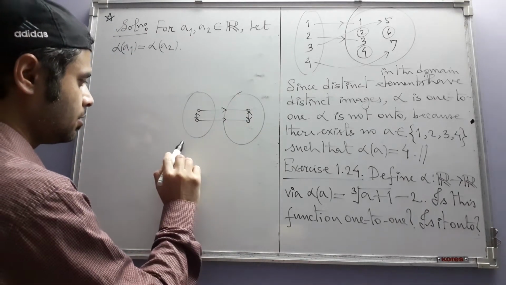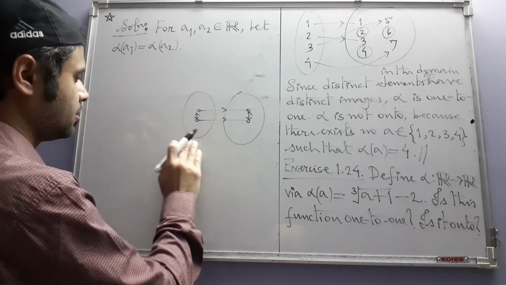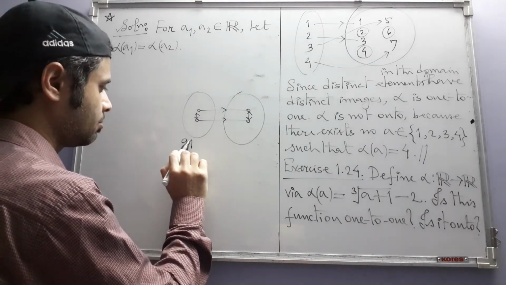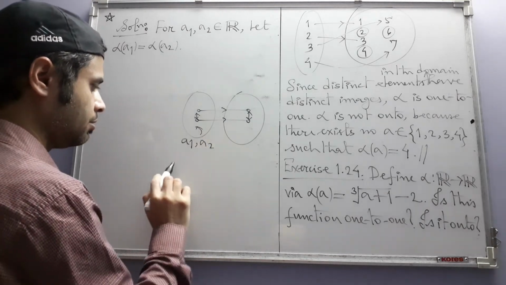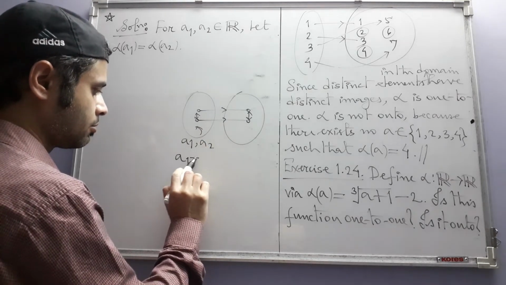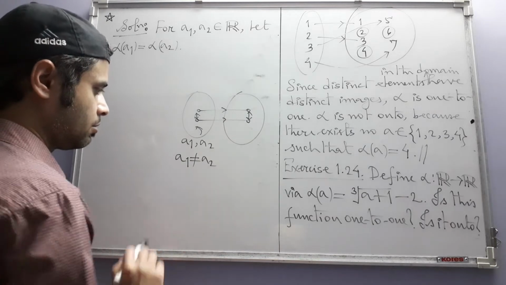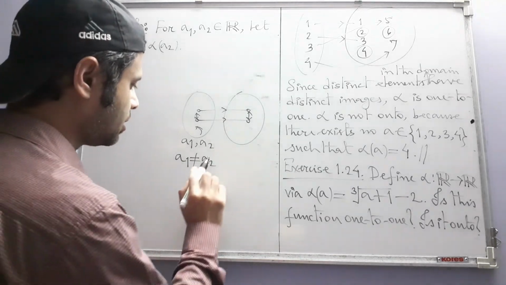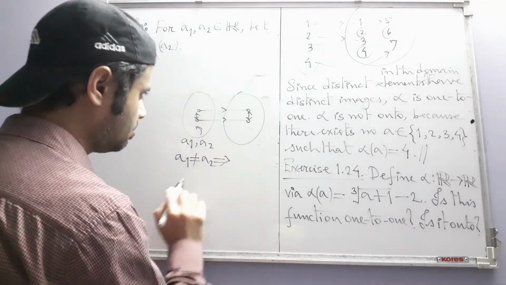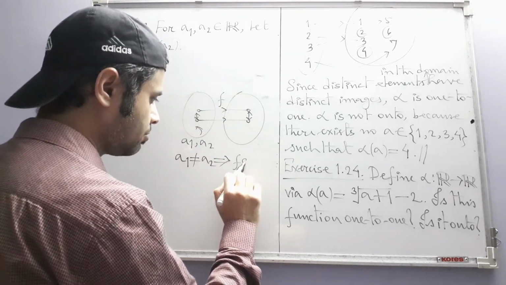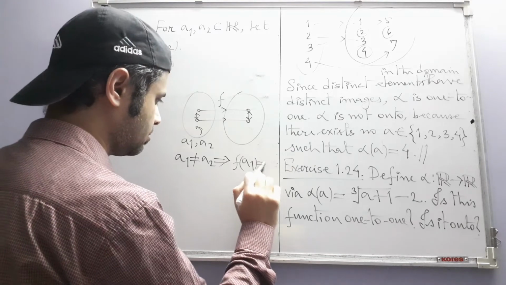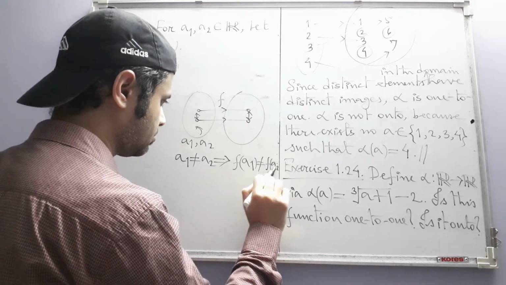That is, if you take, for example, like here we have taken A1 and A2 in the domain, assume that they are different. Then prove that, say your function is f, prove that the outputs are also different.